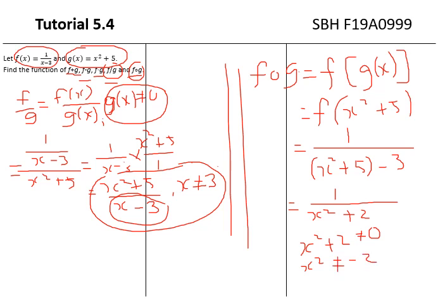But luckily, because x squared always produces a positive value, this statement is not true. So we just have no need to define the domain for this composite function here. So at the end, this is the answer for it.